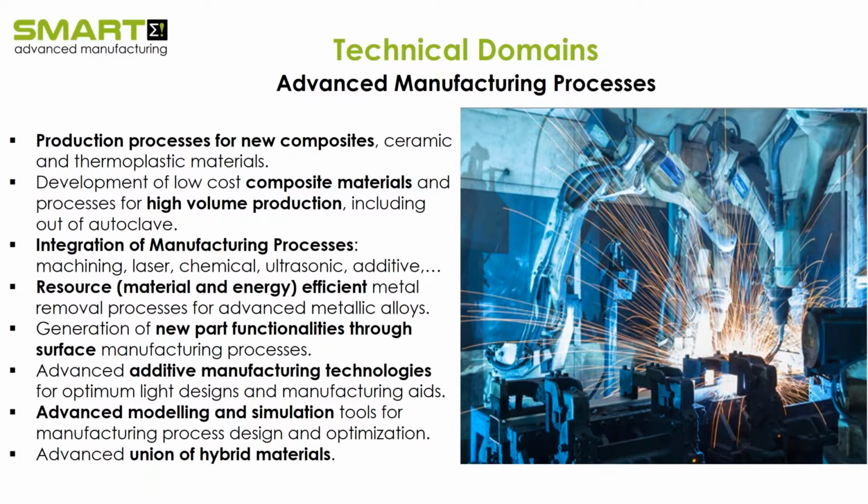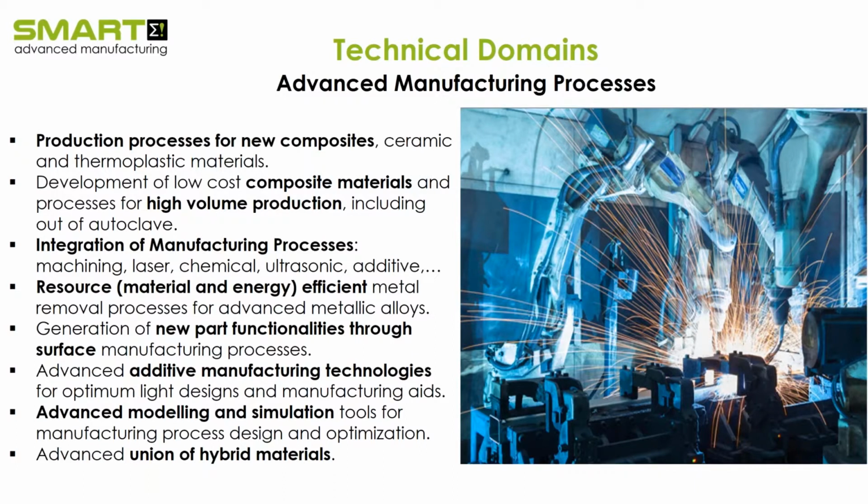For example, in the case of integration of non-conventional machining processes, laser, chemical, ultrasonic, additive manufacturing, but also when you want to produce or to transform new materials like fiber-based composite materials, light metallic alloys or high-strength alloys.